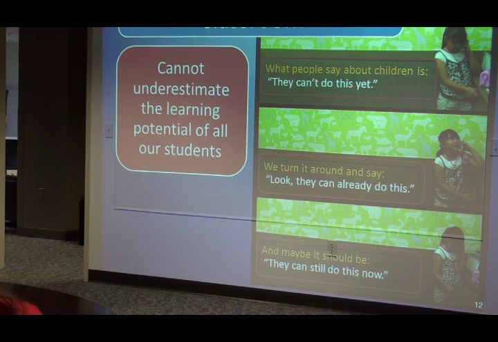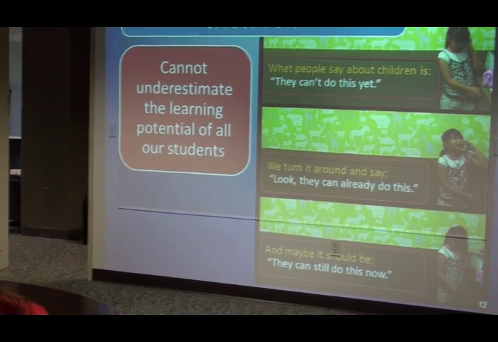The report Curious Minds, 2008, I don't know whether you're familiar with that one. It's only a small report from, I think, the Netherlands. It made these statements. What people say about children is, they can't do this yet. We turn it around and say, look, they can already do this, and maybe it should be, they can still do this now.